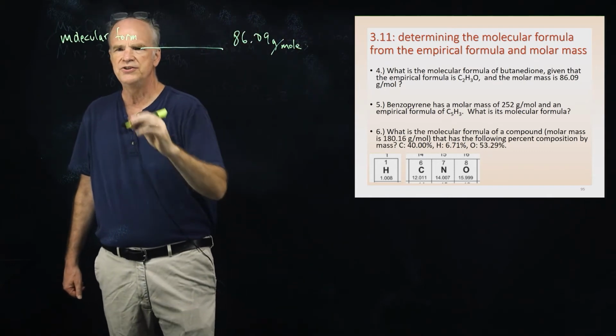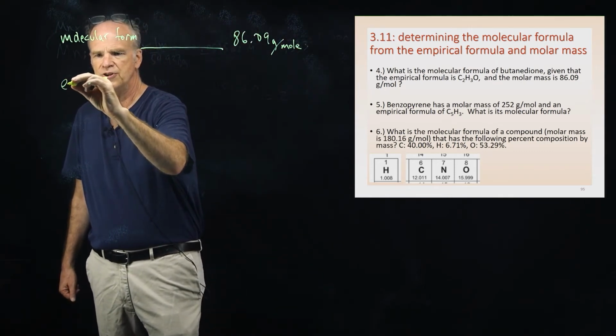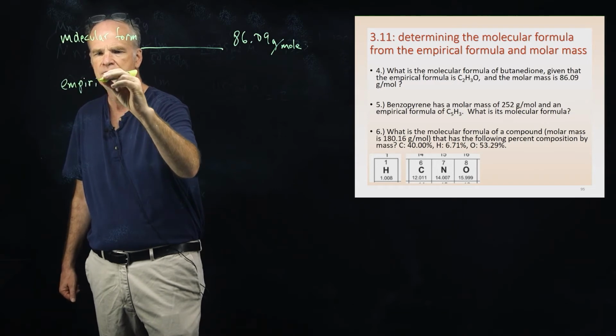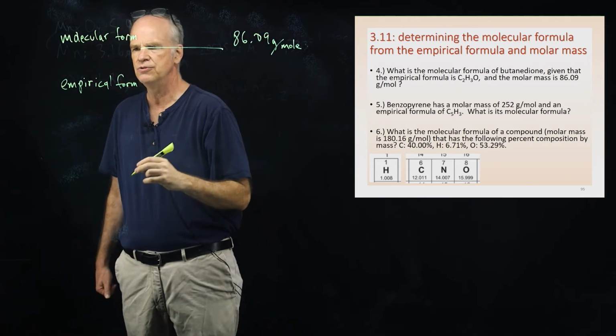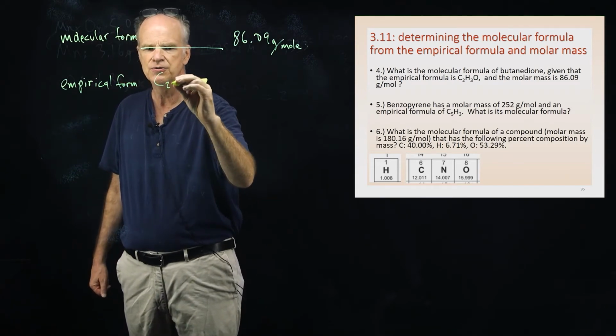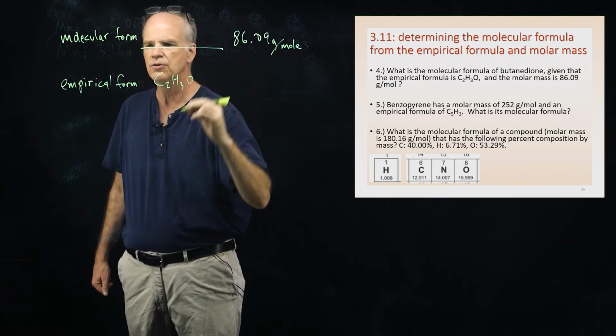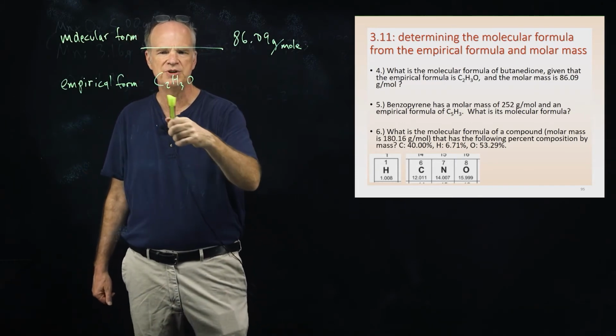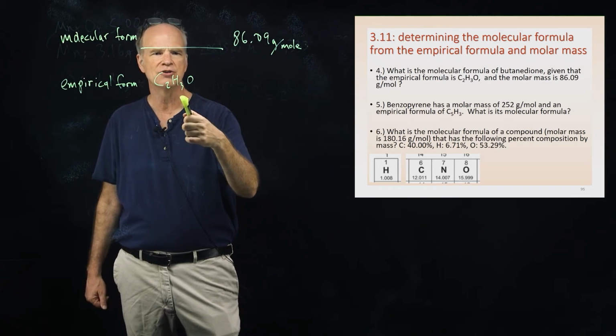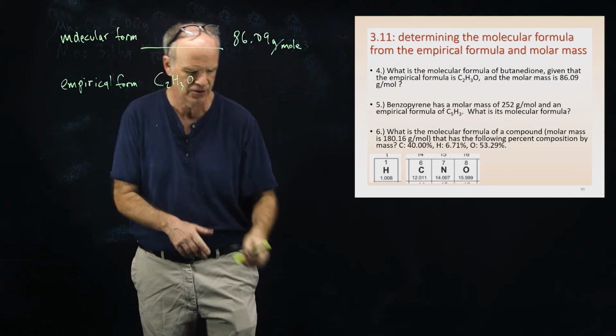Now, we do know the empirical formula. And so that value, it looks like, is C2H3O. Okay, and what we don't know is the mass of the empirical formula. So that's one thing I want to calculate right now.